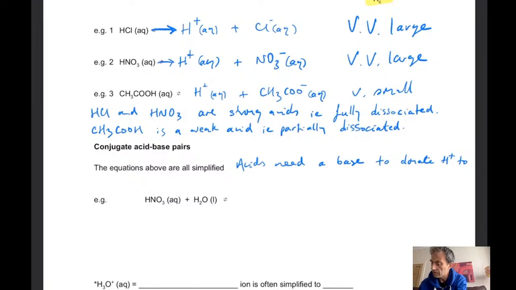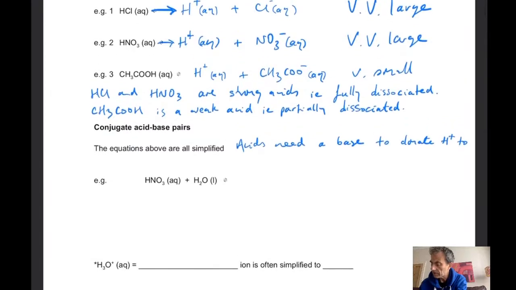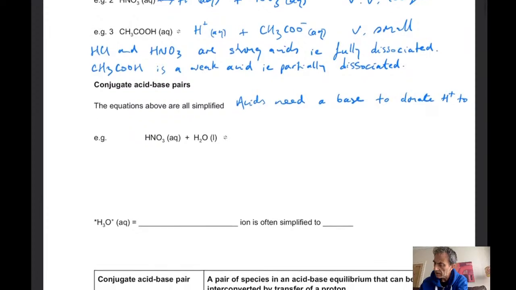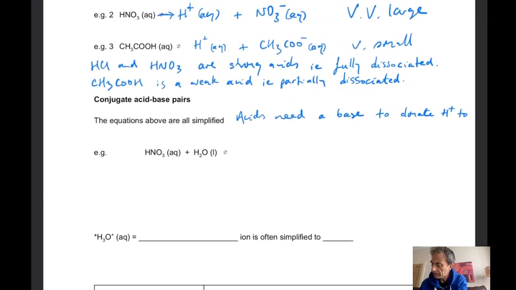Okay, so I'm going to do the second equation, the nitric acid one, more fully. So remember, HNO3 is an acid, so it's going to donate its H plus just like it does in the simplified equation above. But it's going to give it to the water, because there's water present, obviously, in aqueous conditions. So the water is going to accept that H plus ion.